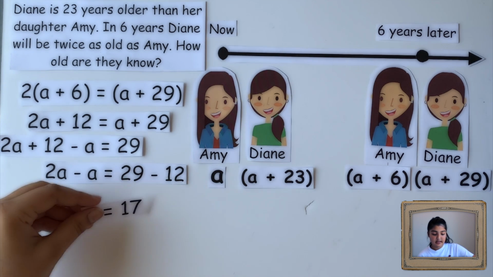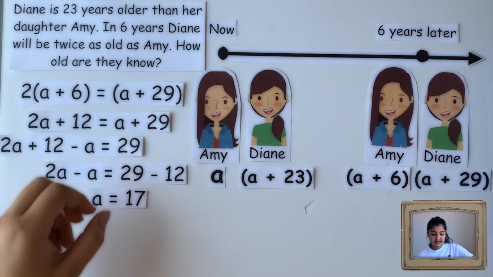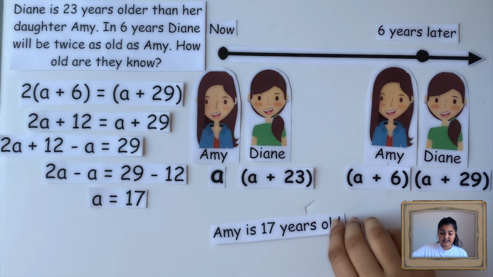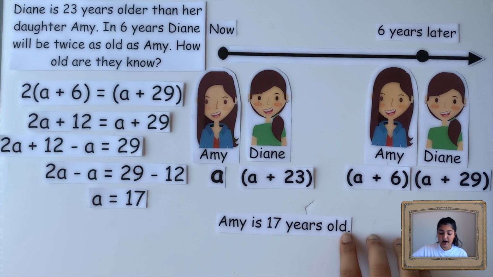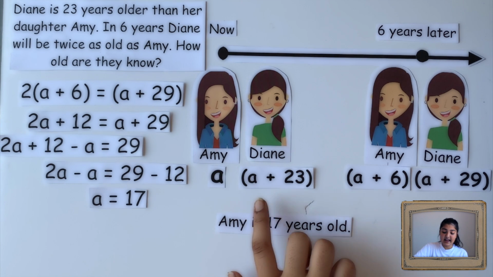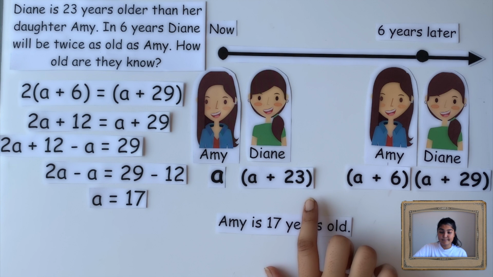So, A is 17. This tells us that Amy is 17 years old now. But what about Diane? Well, we assumed Diane's age is A plus 23.